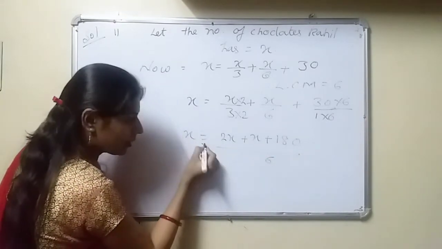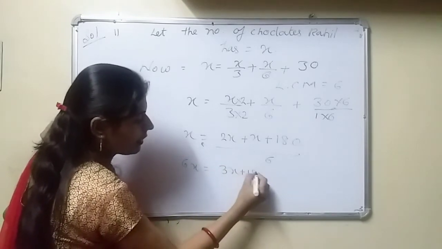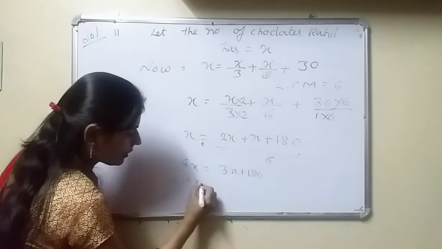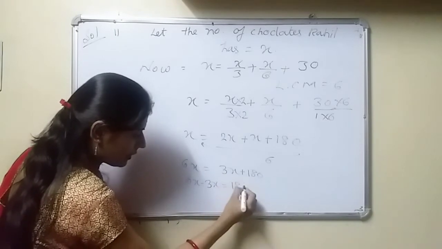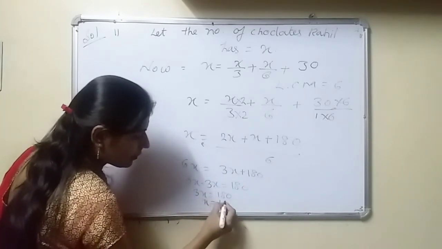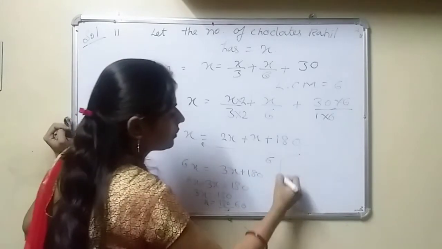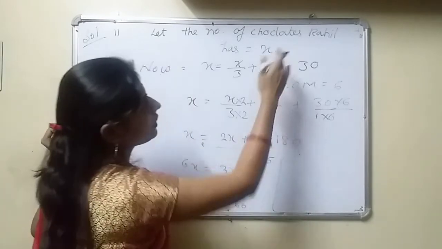So you can cross multiply it. It will become 6x is equal to 3x plus 180. Now see, 6x minus 3x is equal to 180. So 3x is equal to 180. x is equal to 180 divided by 3, that is 60.